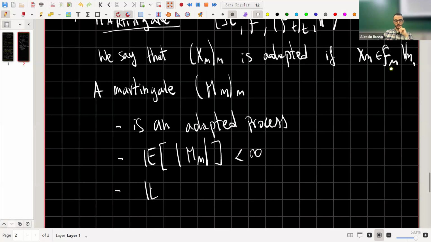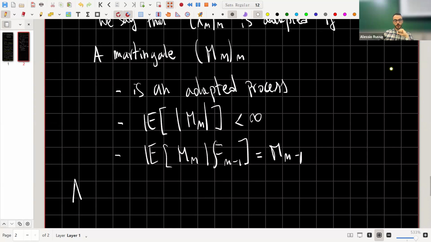And then the last and most important property is that when we take the conditional expectation with respect to F_{n-1}, we have the martingale at the last time step, M_{n-1}.